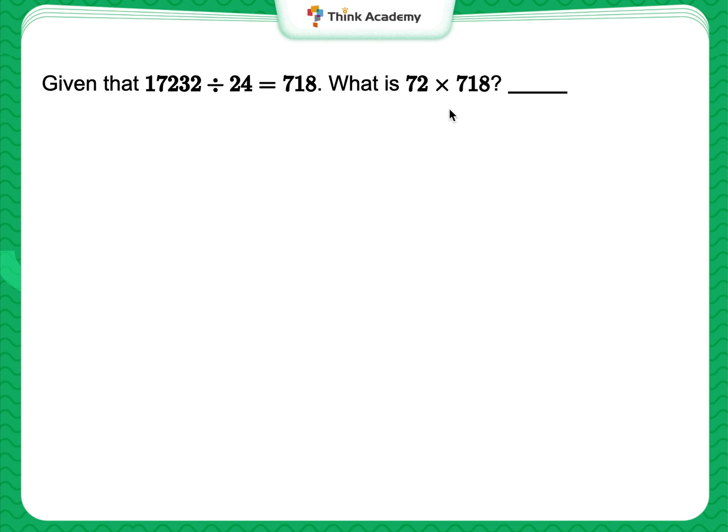So just like previously, we are still trying to rewrite this equation such that it becomes a similar format to the second one. So of course, I'm just going to rewrite it as a multiplication, and it will become 24 times 718 equals 17,232. And let's compare this to 72 times 718, okay?